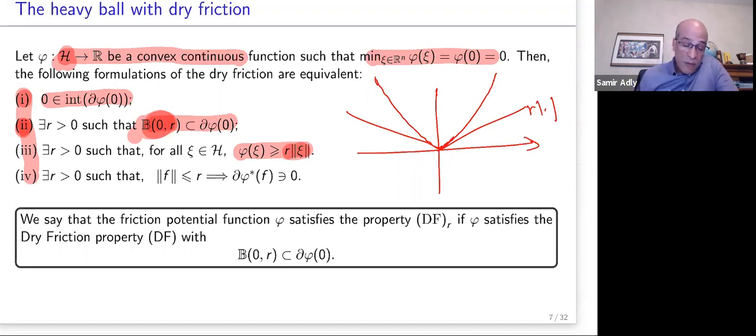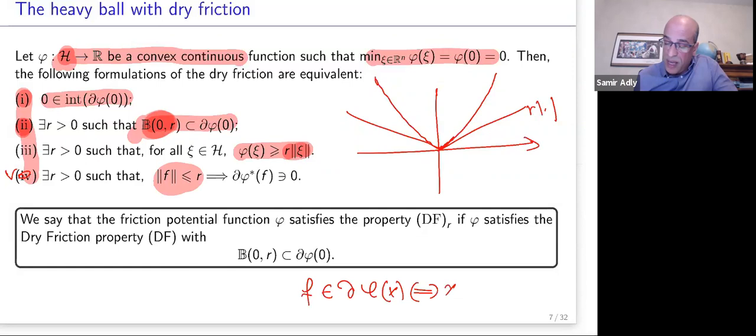And we have this fourth equivalent that we have here, which is very interesting. It means that if you are inside this ball, because you know that when you write down this function, f is in the subdifferential of phi at, let's say, x, this is equivalent to saying that x is in the subdifferential of phi star at f, where phi star is exactly the Fenchel conjugate.